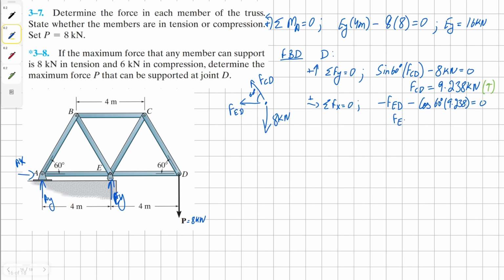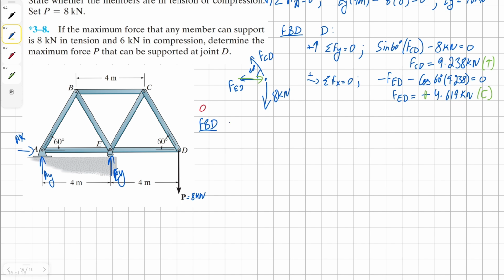Solving for force ED, we get our solution as negative 4.619 kilonewtons. Because it's negative, this means we assumed our vector in the wrong direction, and this member is in compression.